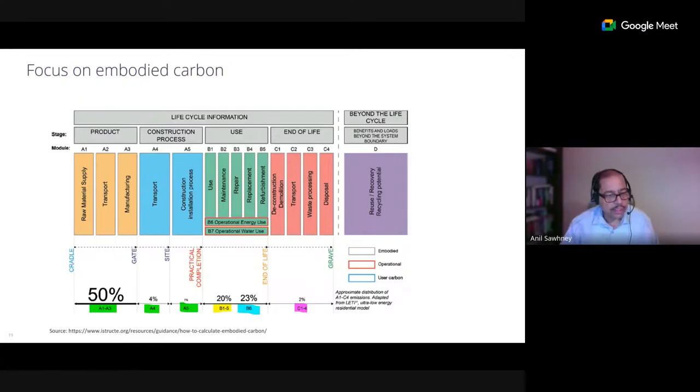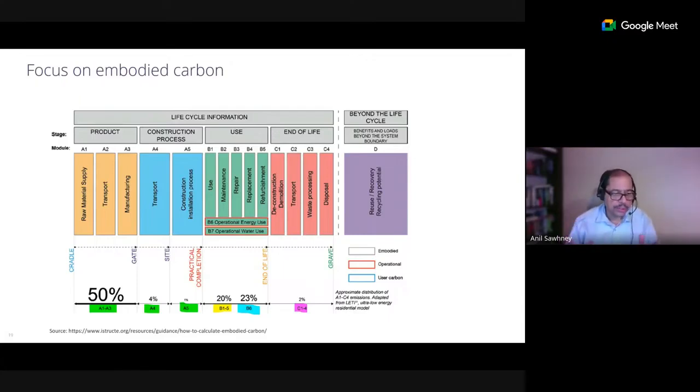And then various colors we are using are for embodied, operational, and user carbon. Again, user carbon, not many people calculate. It's difficult to calculate. You can see the breakup of these embodied carbon calculations. If you just look at embodied carbon, 55% is upfront, A1, A2, A3, A4, A5.